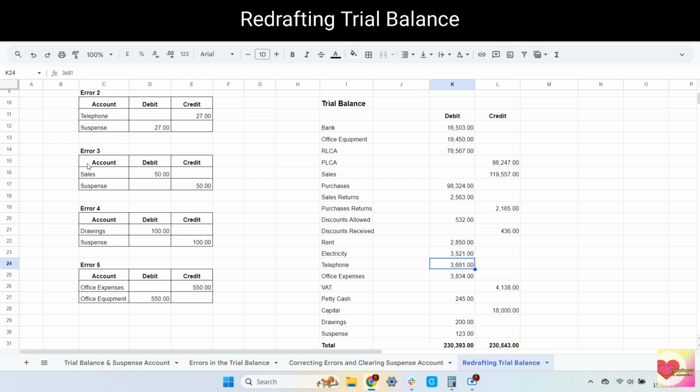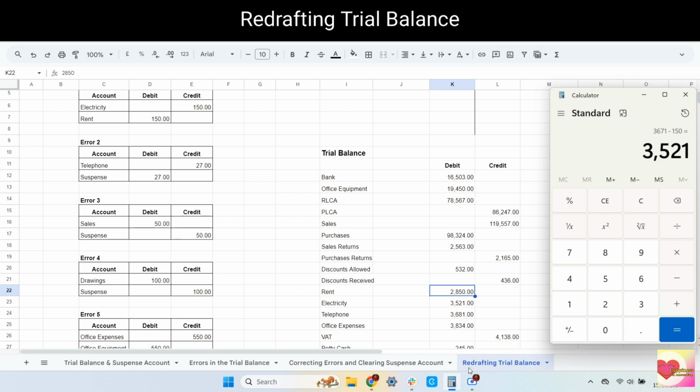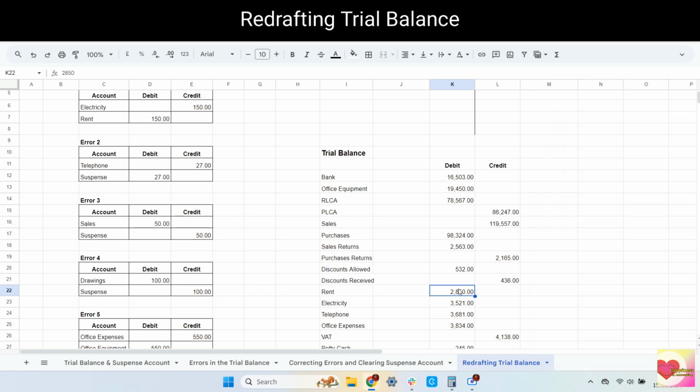Next is rent, 150 in debit, so this will increase our rent in debit. Next, telephone, 27 in credit, so this will decrease our telephone in debit.